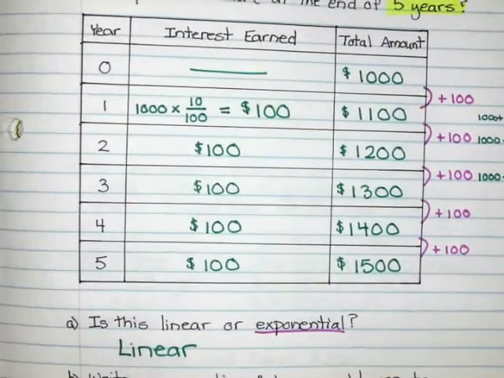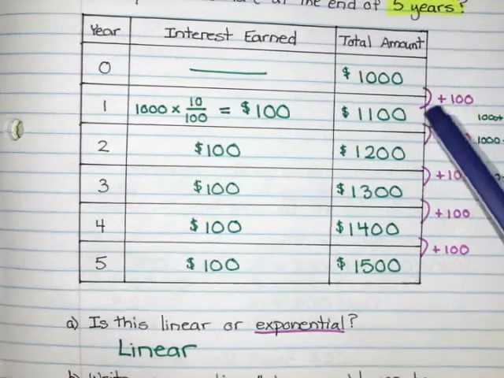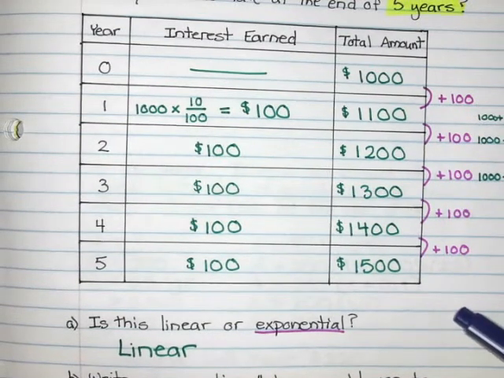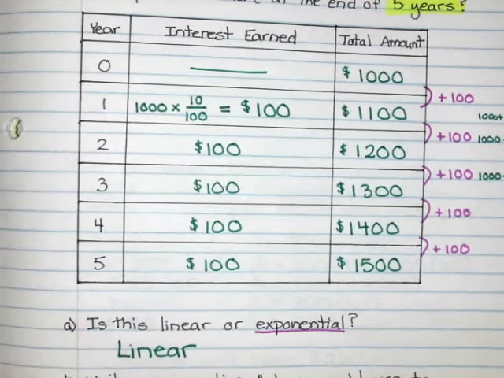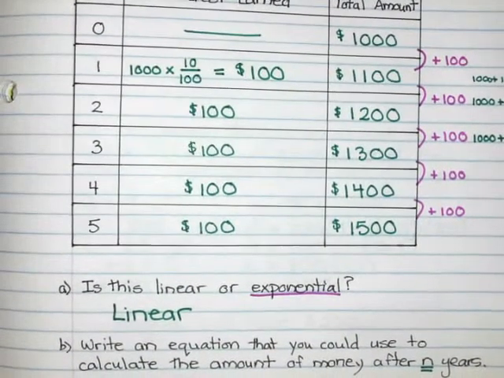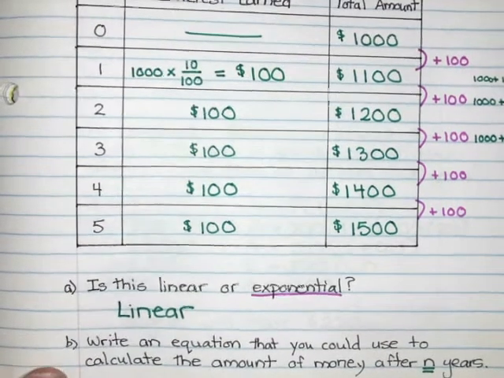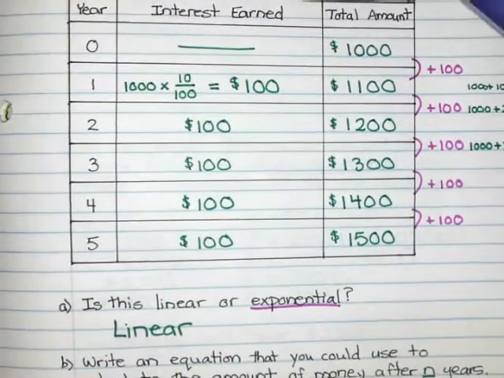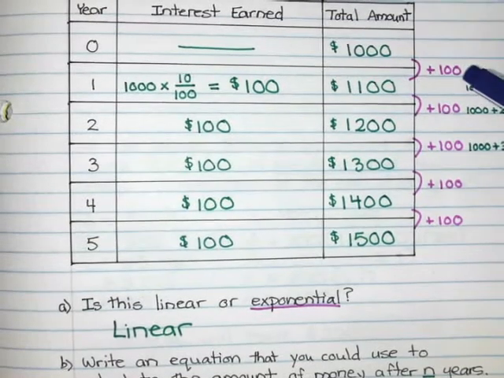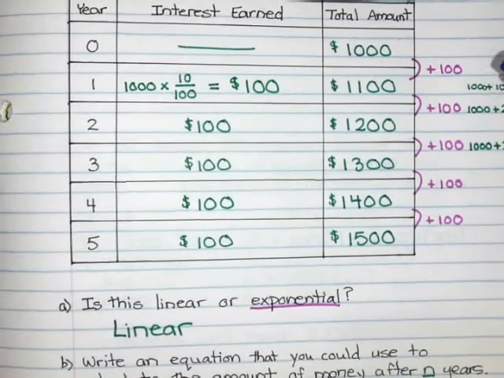If it was exponential, instead of adding the same amount every time, we would be multiplying by the same amount every time. We'll see that later when we talk about compound interest. Our next question says, write an equation that you could use to calculate the amount of money after n years. Carlos started with $1,000 and then he added $100 every year.